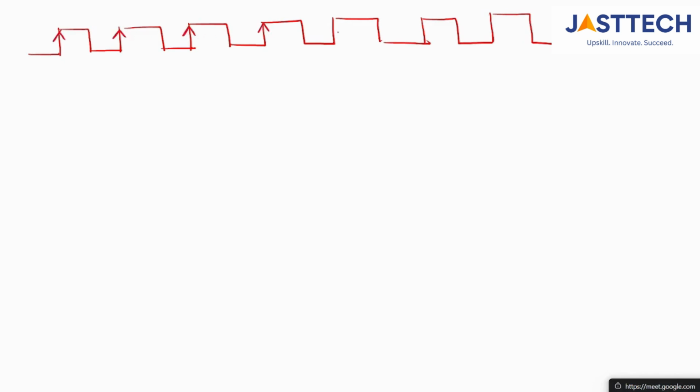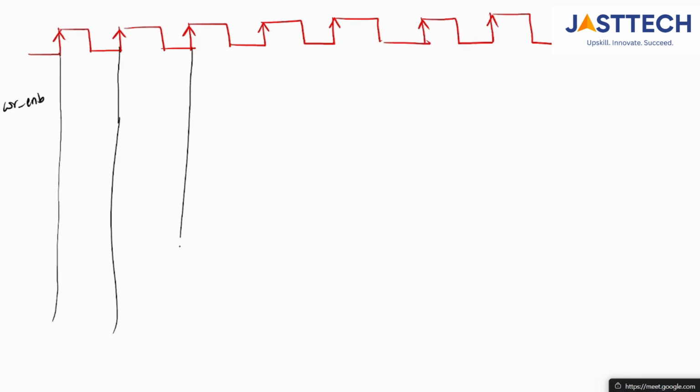First, for writing the data into the RAM, I need to make write enable equal to 1. So during this clock pulse I am making write enable equal to 1.